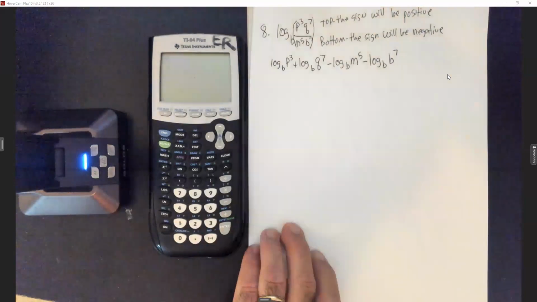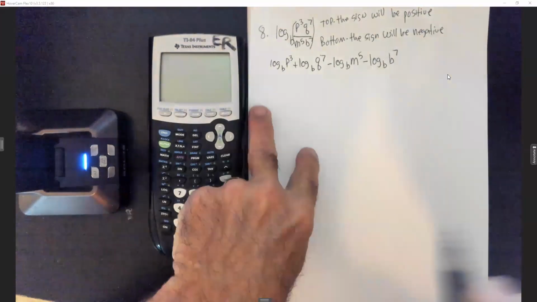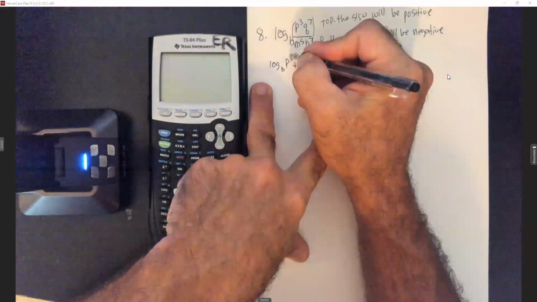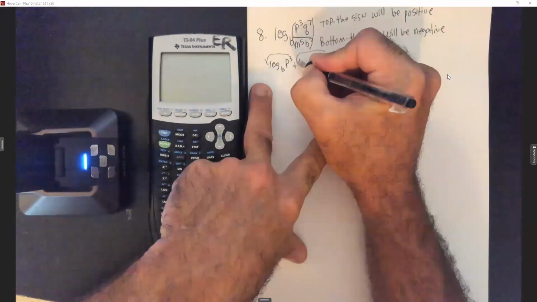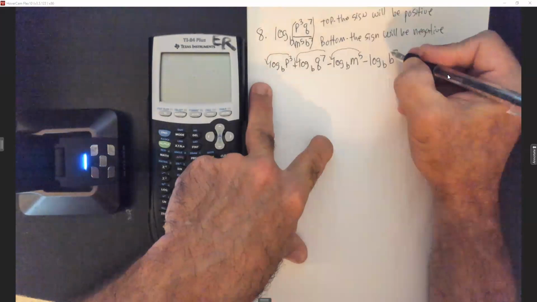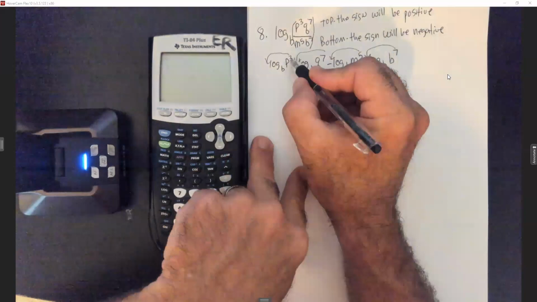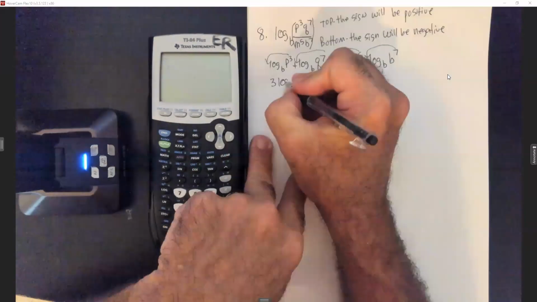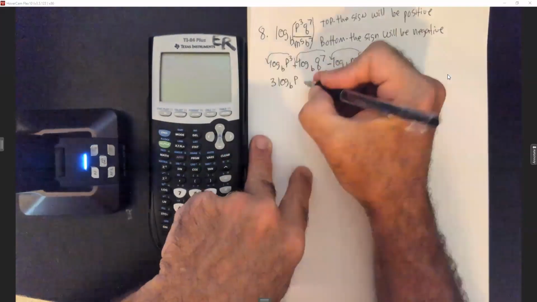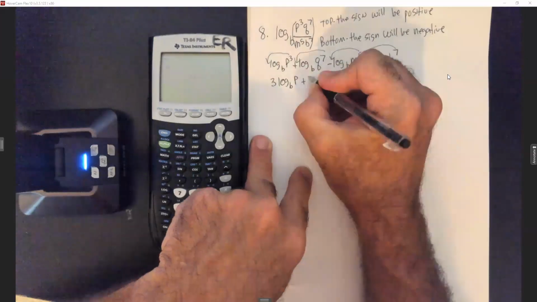So now let's think about this. Everybody's got exponents, so all 4 exponents have to be brought in front of their logs. Okay? So this will give you a 3 log b of p. This one you bring down the 7, you get a 7 log b of q.